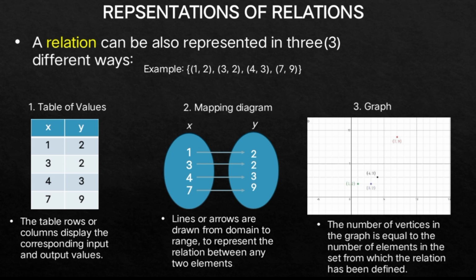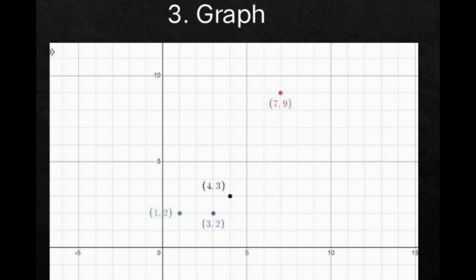For a mapping diagram, lines or arrows are drawn from domain to range to represent the relation between any two elements. And for the graph, the number of vertices in the graph is equal to the number of elements in the set from which the relation has been defined, or we plot the given ordered pairs.